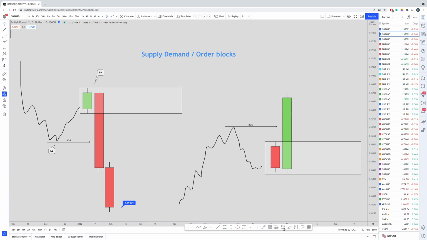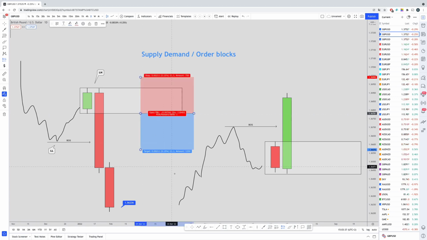So the idea is, when the price comes here, you can go here and put your stop loss a little bit above. Always put it a little bit above. You can also put your entry a little bit below, because price sometimes will not completely touch it.